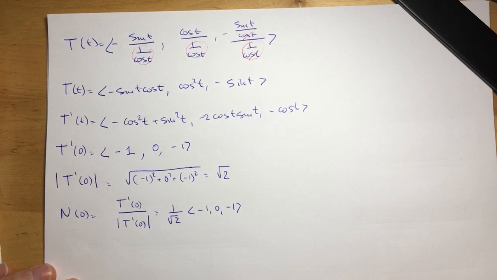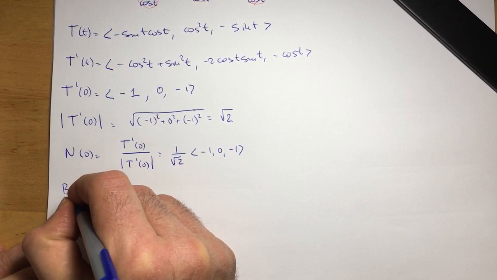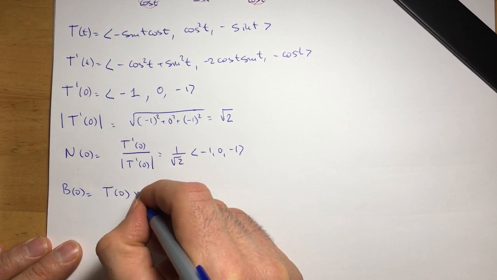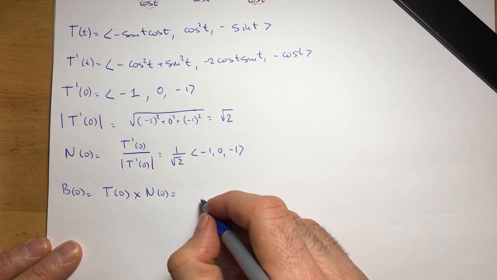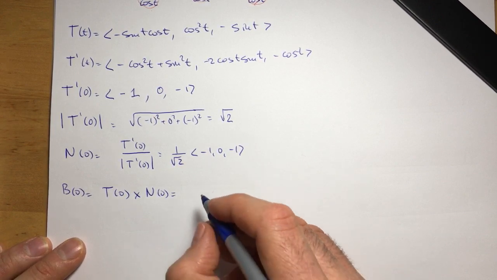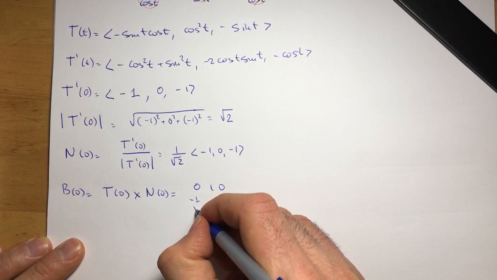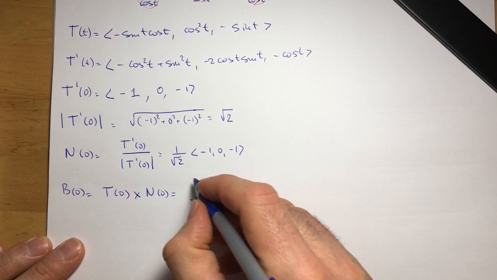And finally, we just have to find the binormal vector at 0, and that's equal to the unit tangent vector cross product the normal vector. What did we find? 0, 1, 0, and negative 1 over square root of 2, 0, negative 1 over square root of 2.